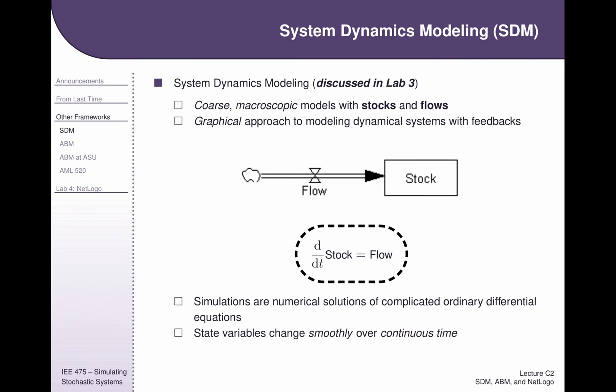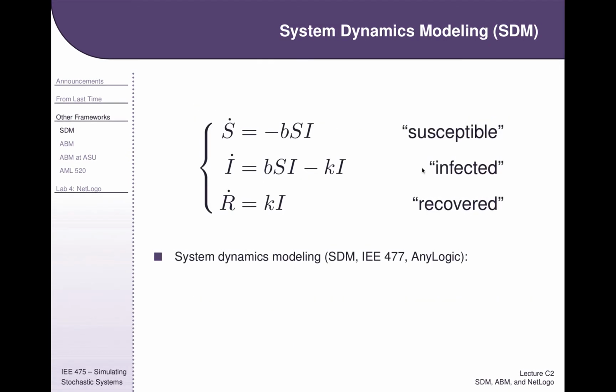That's very different from the DES we've been talking about, where the state only changes at discrete instants of time. Here they're constantly, smoothly changing, the same way water flowing into a bucket would cause the water level to smoothly change up and down. So what sort of things can you simulate with the system dynamics model?